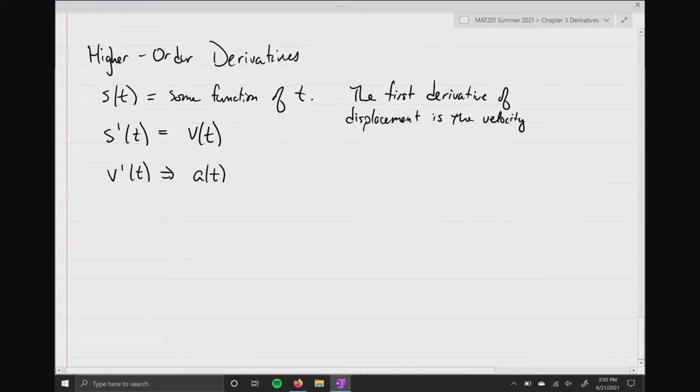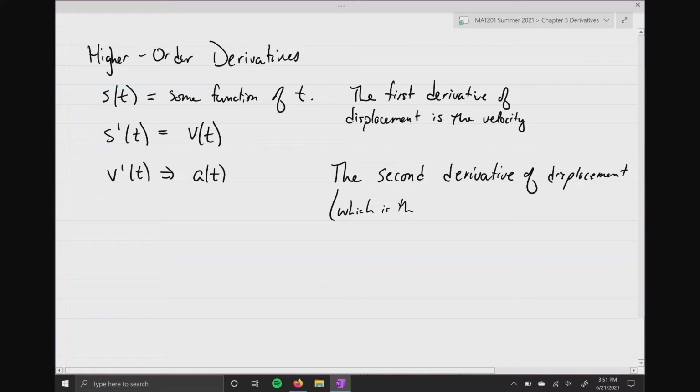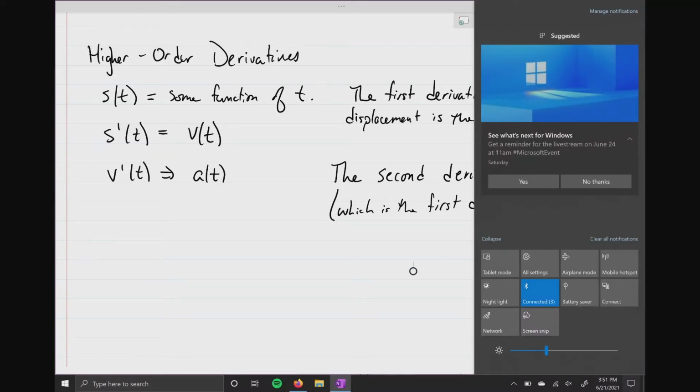So if I come over here to the right, and I'm going to need just a little bit of space. The second derivative of displacement, and then in parentheses, which is the first derivative. Oh, I hate it when it does that.